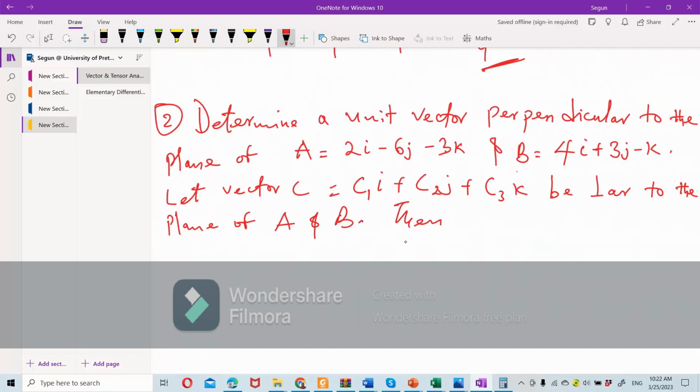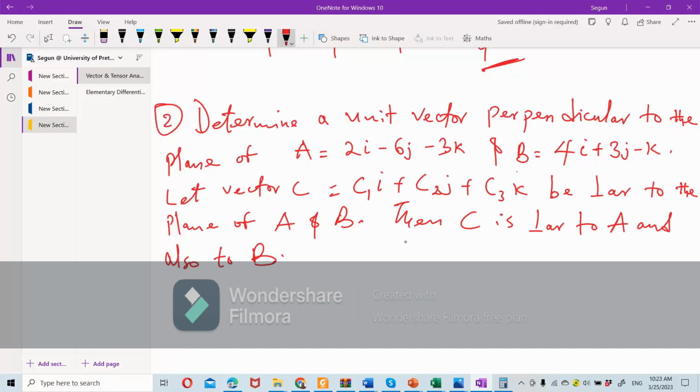Then C is perpendicular to A and also to B. Right?